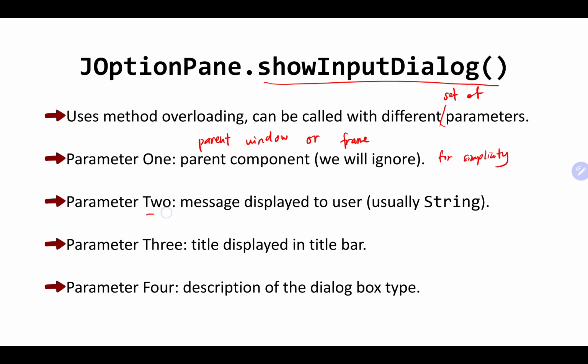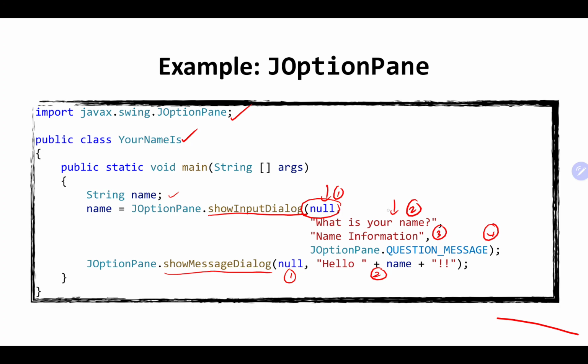Then parameter 2 is the message that we want to display to the user. Basically here we just use a string. The second one, which is this one, what is your name? We display to the user, what is your name. And then the third parameter is the title that we want to display in the title bar, which is name information here.